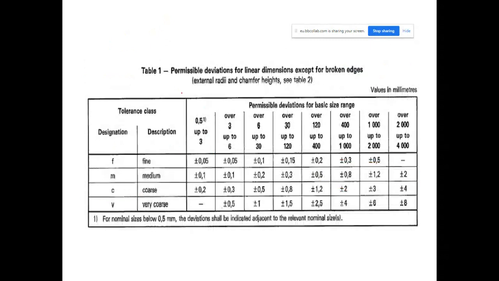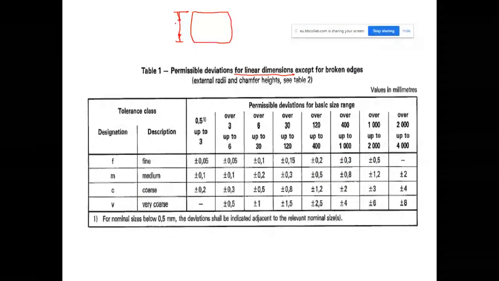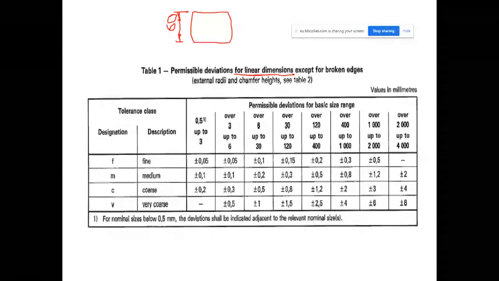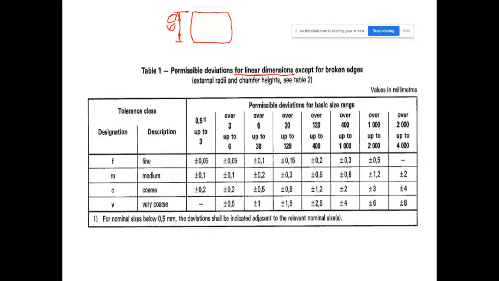To find such valuable tables. For linear dimensions, in our example, the height of the object is a linear distance and the nominal value is 60. Thickness, height, depth, width, diameter, these are all linear dimensions.